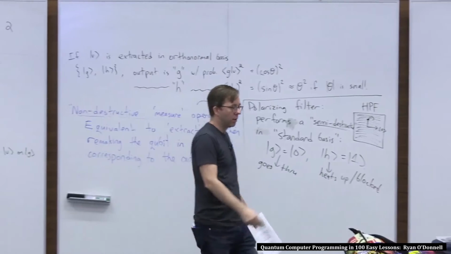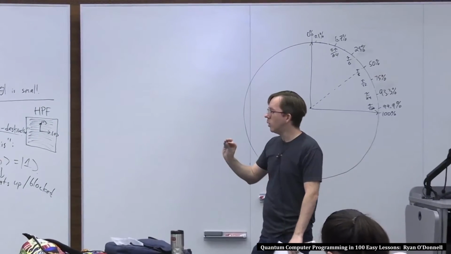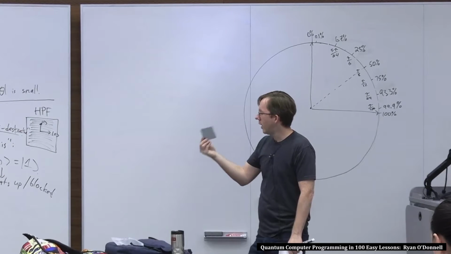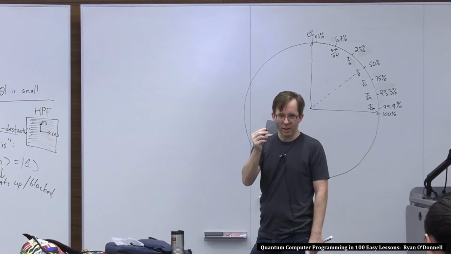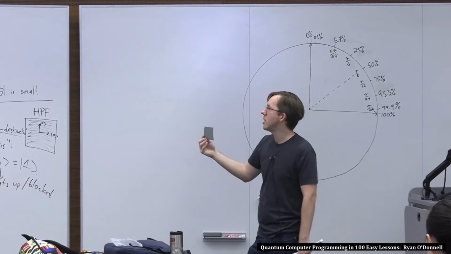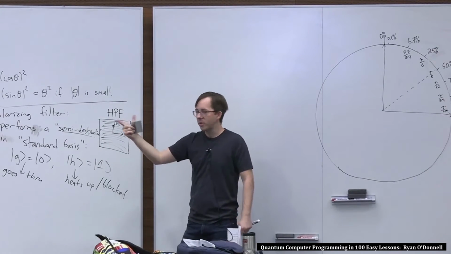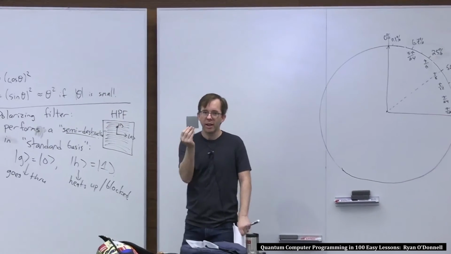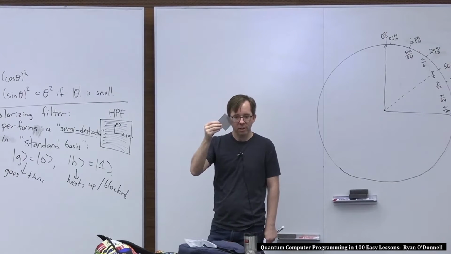What's additionally cool is that you can look through these. You take your horizontally polarizing filter and physically rotate it with your hand, and as you rotate it, it changes into a polarizing filter where G and H are rotated, just like this. So if you want to implement the algorithm of measuring a different basis, you just turn it.